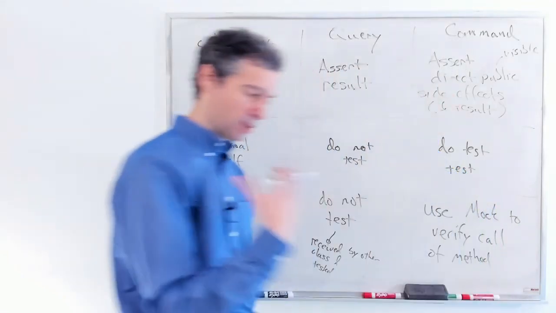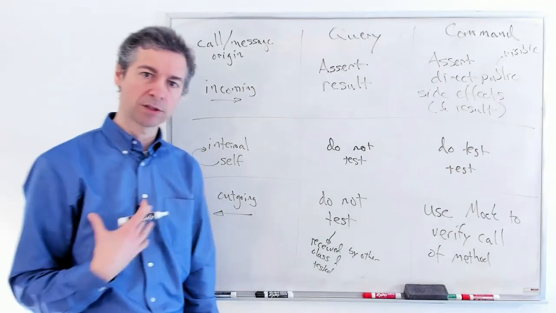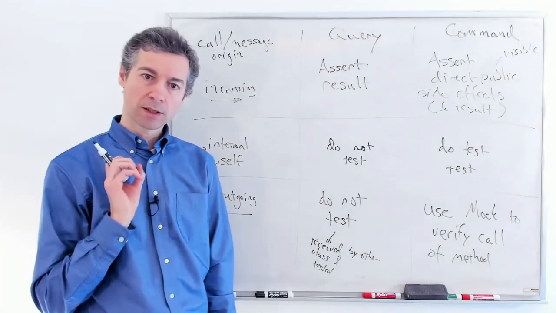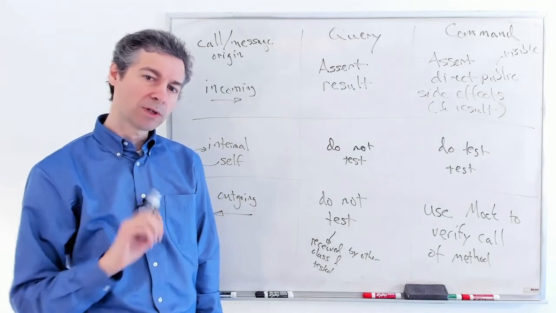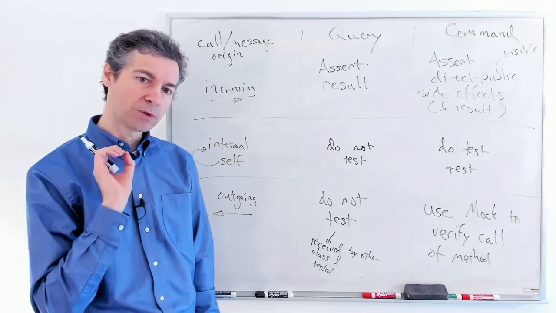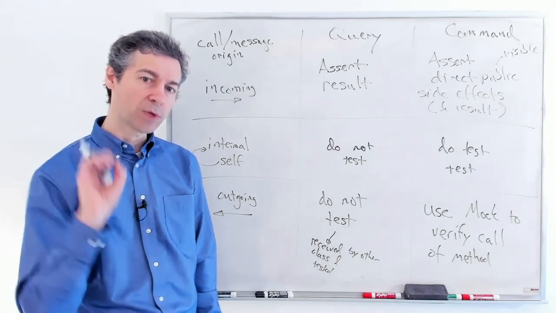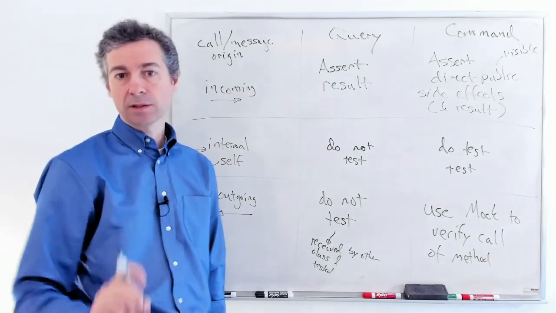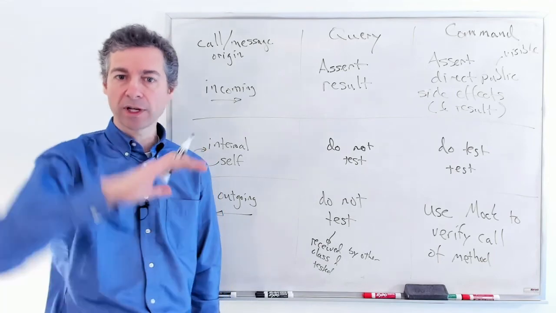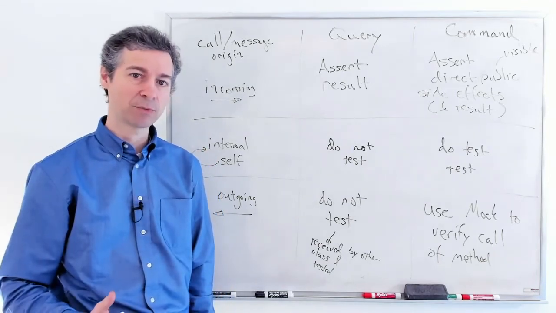So if we as a class internally make outgoing commands to other objects, what we want to do is use a mock to make sure that we made those commands. And the nice thing about using the mock is that then we break that dependency from the test perspective.